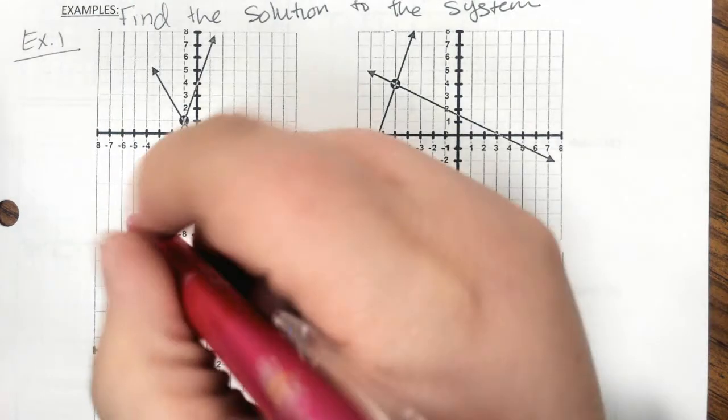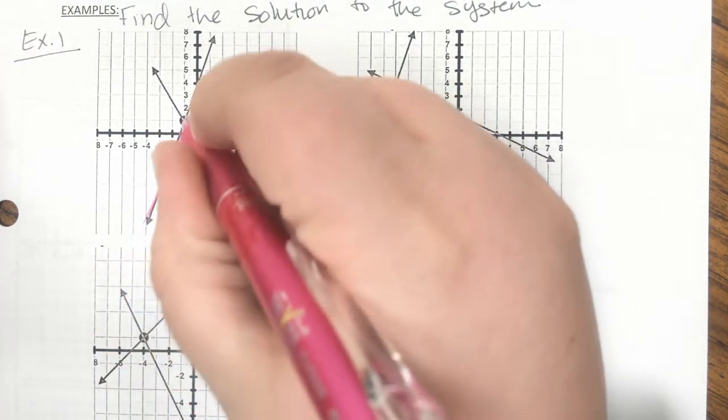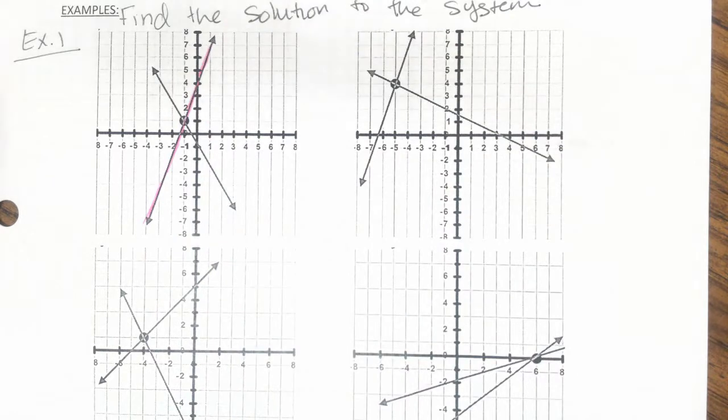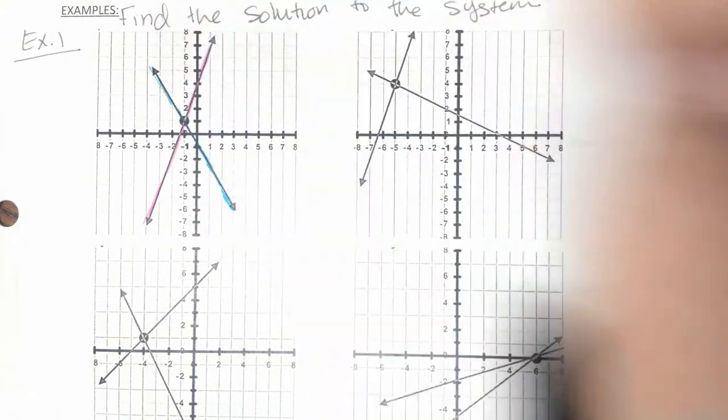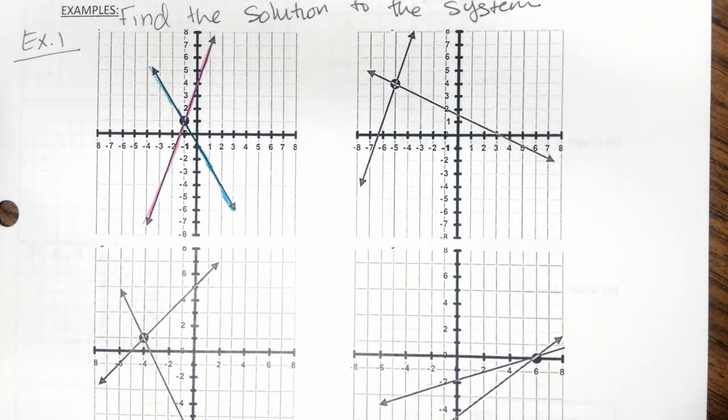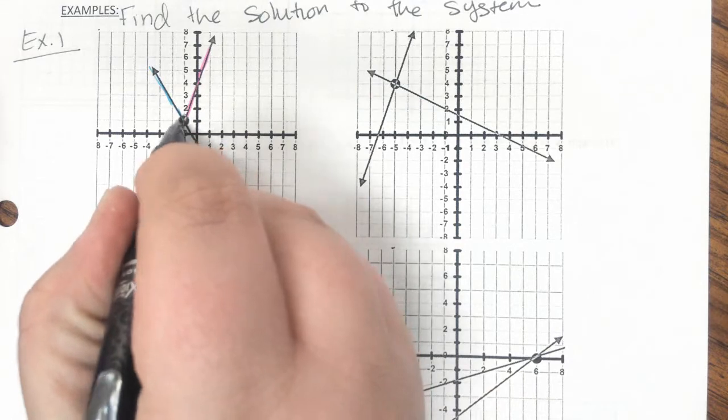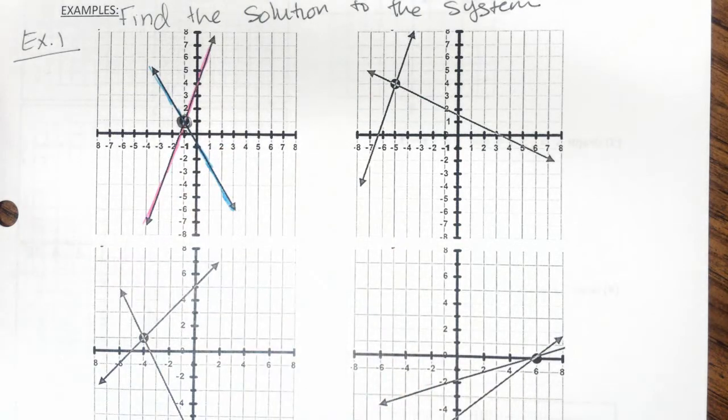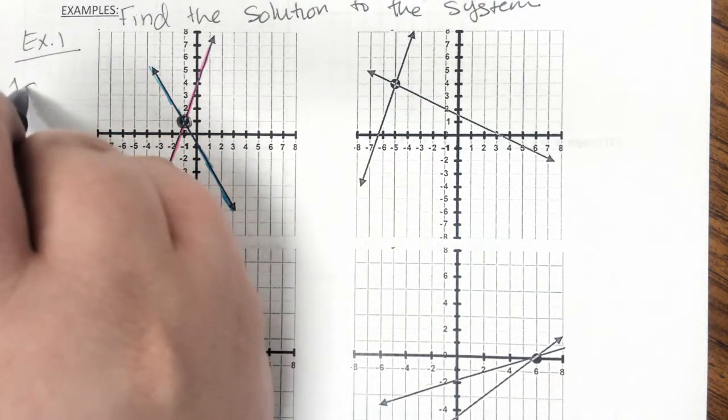Now, I've got a pink line going here, and I'll make the other one a blue line. Now the pink line and the blue line cross each other or intersect right here. So I know that this has one solution.